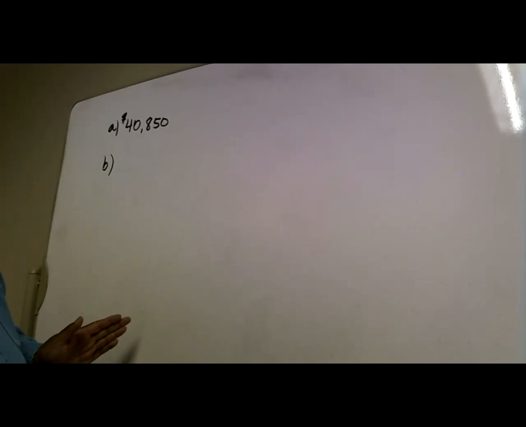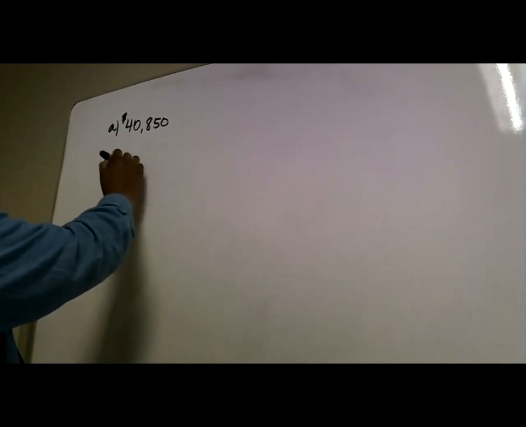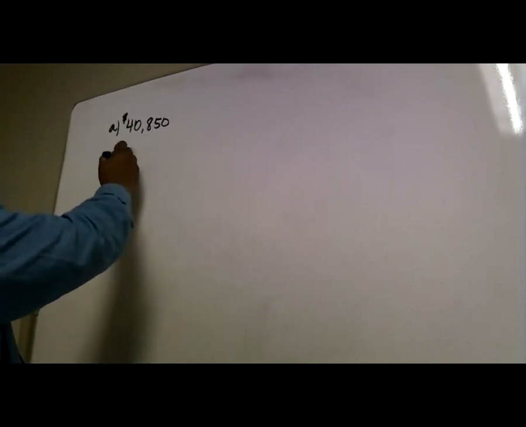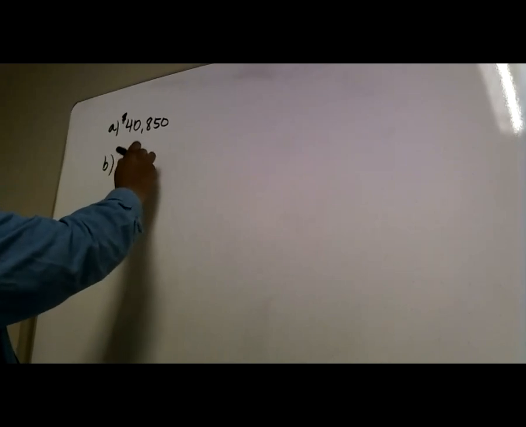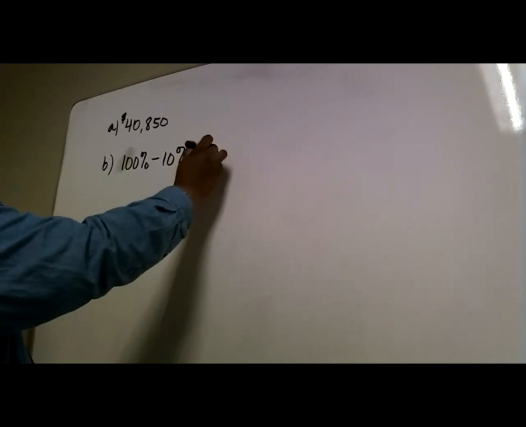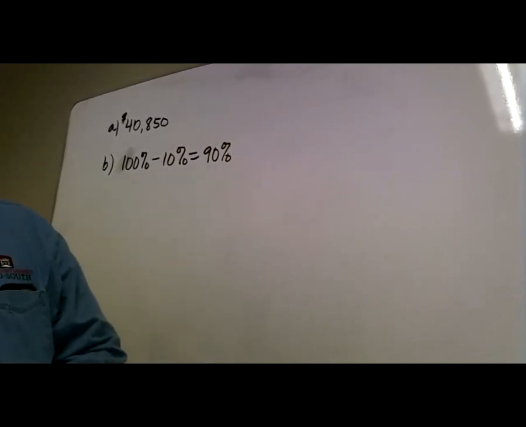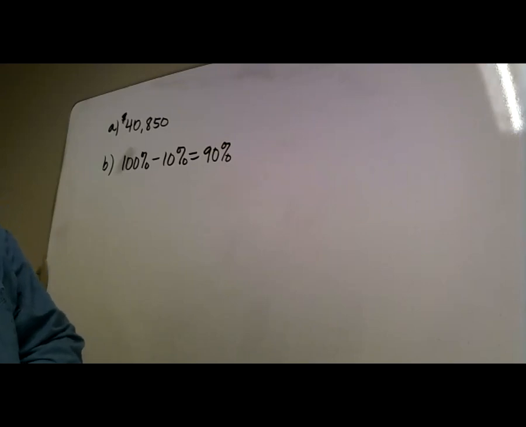That means 10% earned less than $33,830, which means, if that's 100% minus 10%, it'll just be 90%. That means 90% earned $33,830 or more.